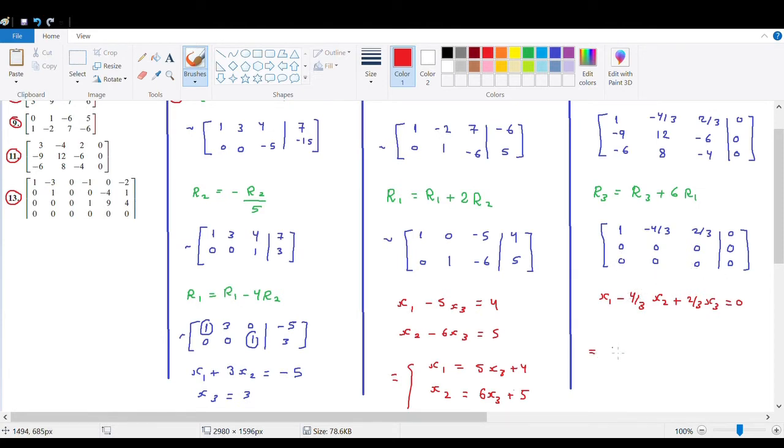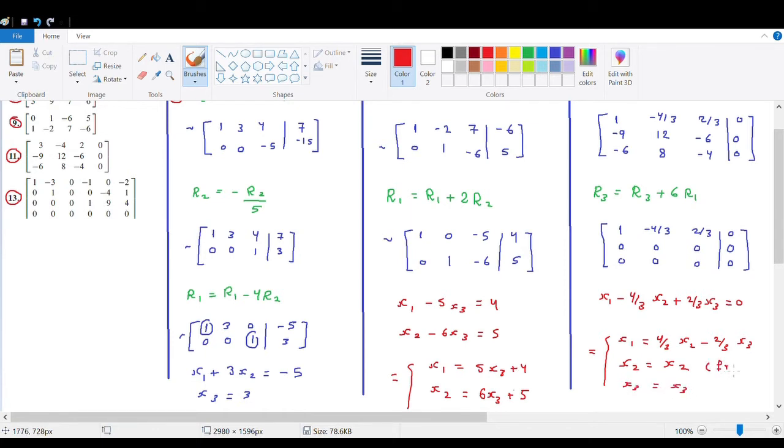So the general solution from here, it is clear that x1 is equal to 4 over 3 x2 minus 2 over 3 x3. x2 is free, so that means x2 is equal to x2. Also x3 is free, that means x3 is equal to x3.